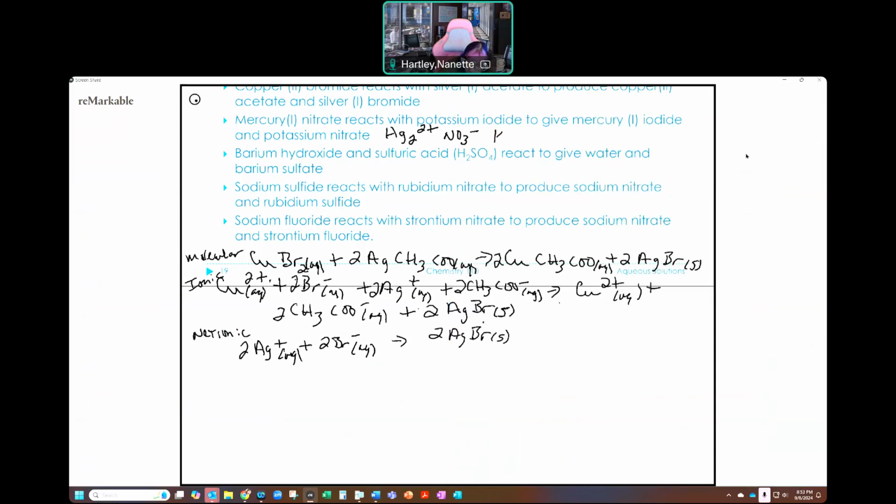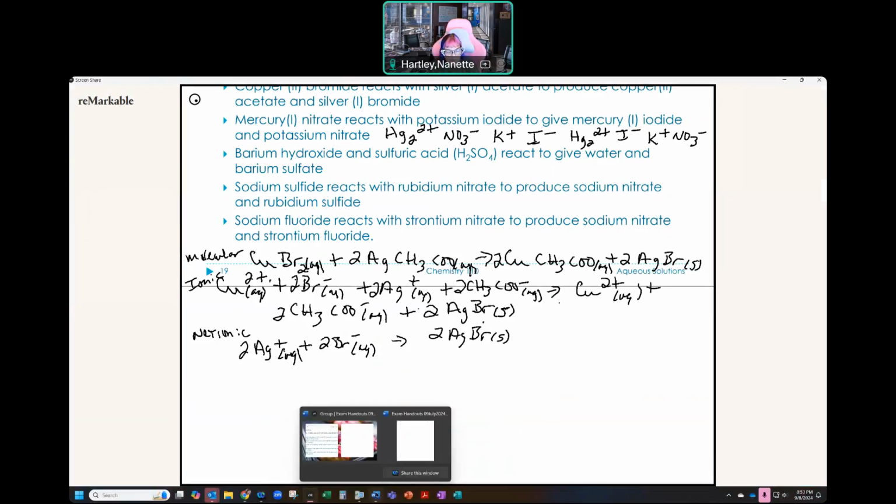Potassium is K plus, iodine is I minus, to give mercury 1, Hg2 2 plus, iodide, I minus, and potassium nitrate, K plus NO3 minus. And the reason I wrote it up there is because I knew there were some solubility rules having to do with that.